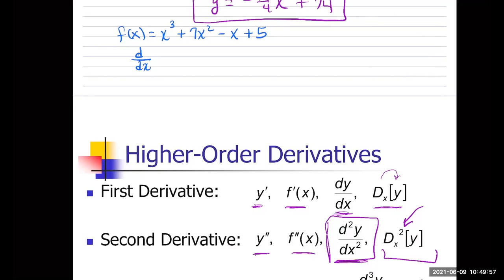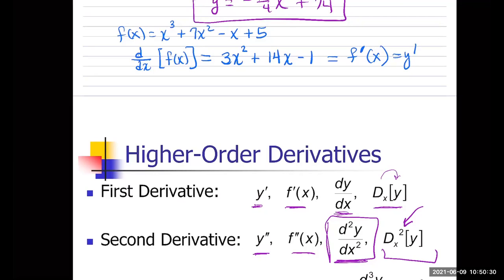And I take the first derivative of that function. That's what we have been doing. So I know you guys could tell me that. So that's 3x squared plus 14x minus 1. Remember, the derivative of x to the first is just 1. The derivative of a constant is 0. So it looks like that. So whichever notation we use, that's the first derivative.